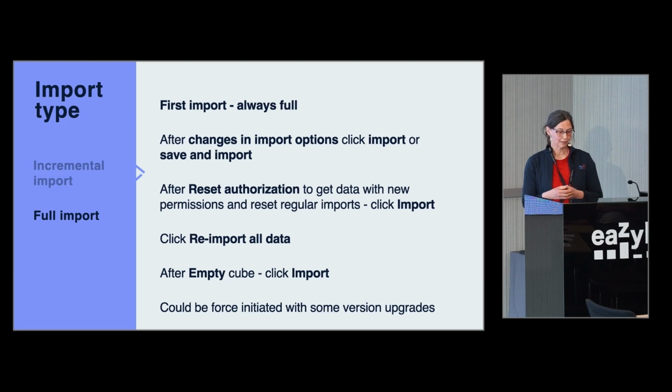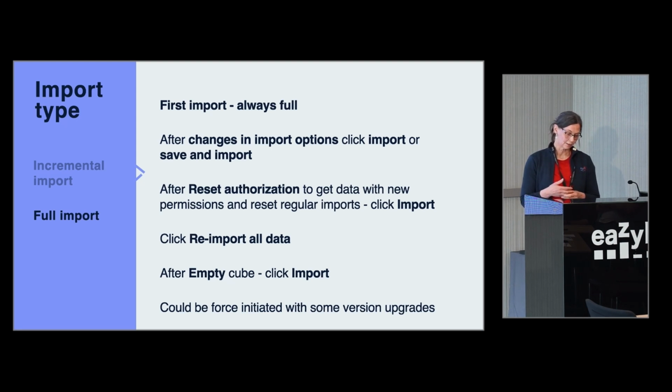If you reset authorization, you need to click import to reset those permissions, and we also will run a full import after that. Of course, if you click reimport all data, it will also run as expected.